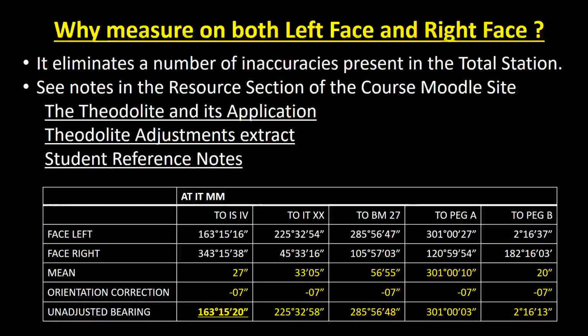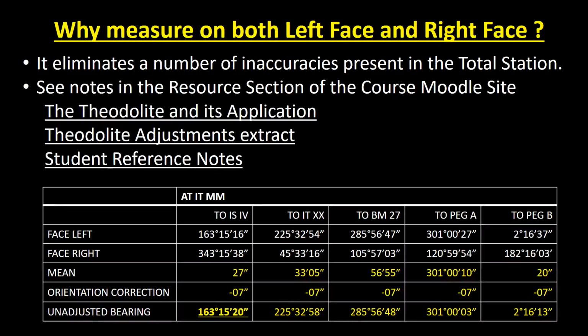Now in this case here, we set the right face at 163.15.16 when we read it, and then we flick it over onto left face, 343.15.38. Now if we take the mean of those two, 16 plus 38 is 54, half of that's 27, so that would be halfway between 16 and 38, 27 seconds.